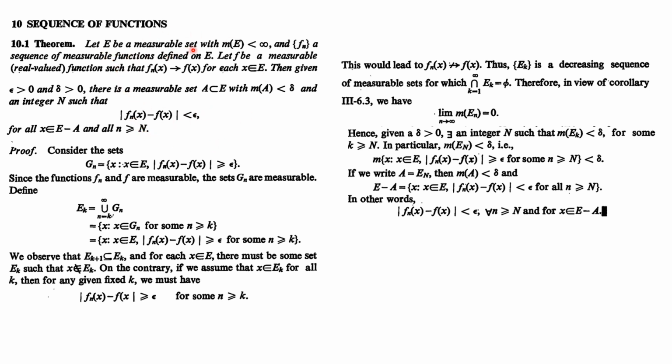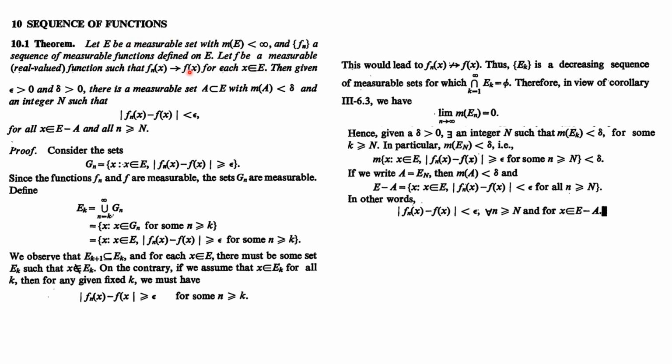Let E be a measurable set with finite measure, f_n be a sequence of measurable functions defined on E, f be a measurable real valued function such that our sequence converges to f(x) for each x belonging to E, means pointwise.